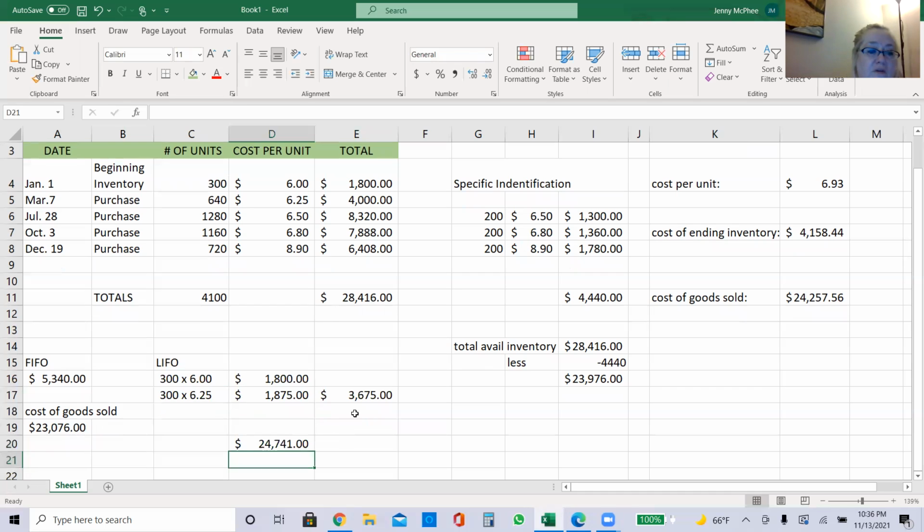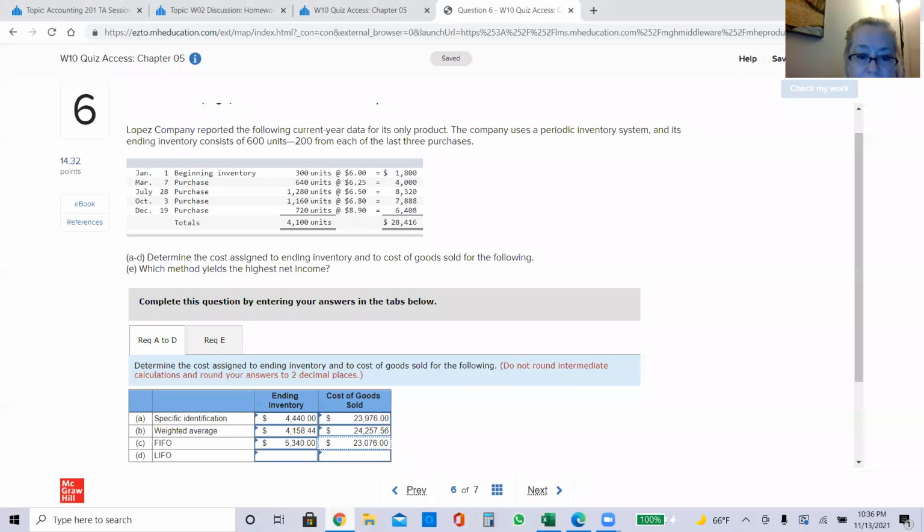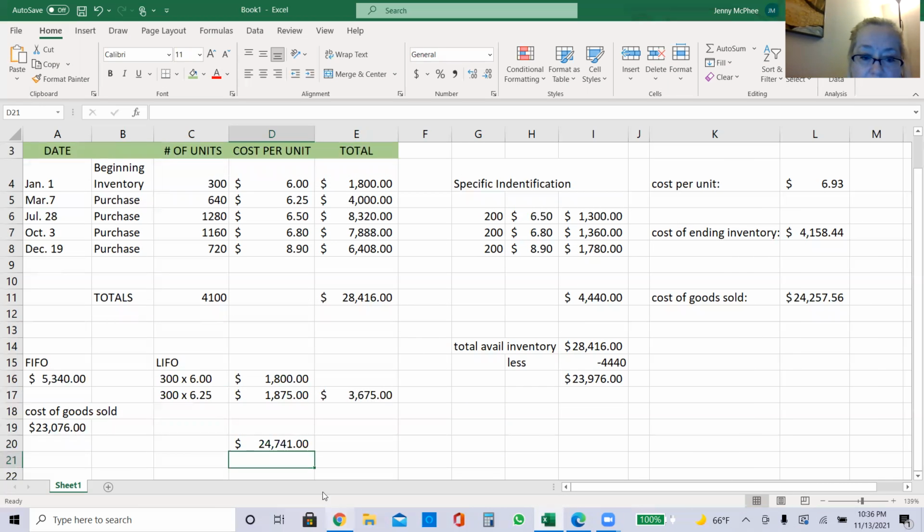And there's our total there. So let's go into these last numbers. So this was 3,675. And this was 24741.